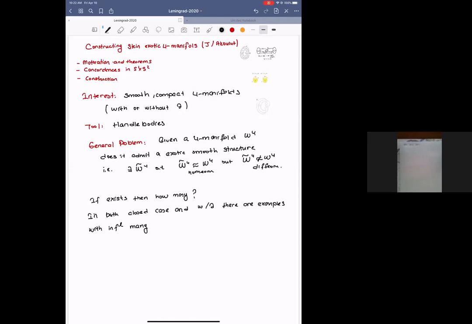I think for compact manifolds it should be countably many. I know there are examples with a countable number of exotic structures, and I know that for R4 there are uncountably many. Open cases are different from the compact cases. So those are countably many smooth structures.